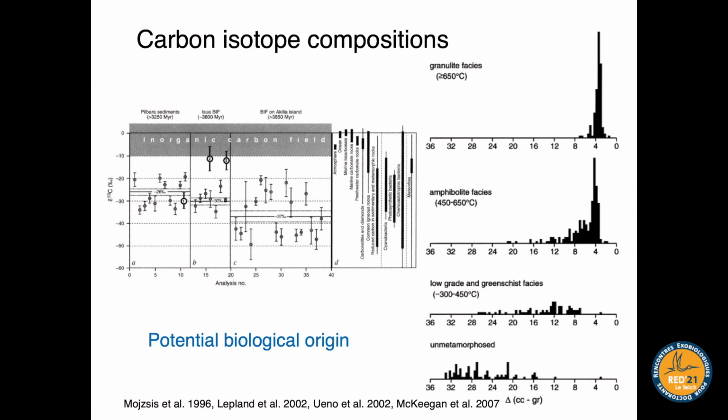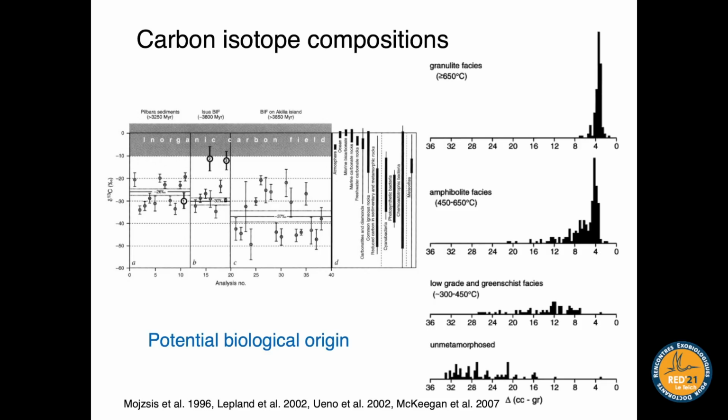This carbon has been measured for its structure and also its carbon isotope composition. What is very interesting is that it has a very low delta 13C that is completely compatible with a potential biological origin. We also know that metamorphism heavily modifies the carbon isotope composition, progressively reducing the range of variation, as you can see here.